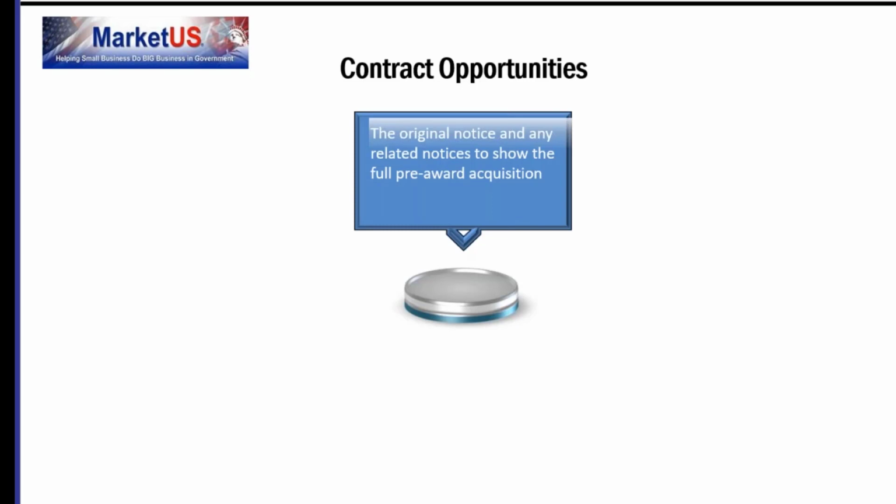All right. The original notice will be full pre-award acquisition notices. There's a lot of cool stuff that's coming into the contract opportunities. Almost said FBO again. So I'm sure I will slip one time during this 30-minute session, so bear with me.